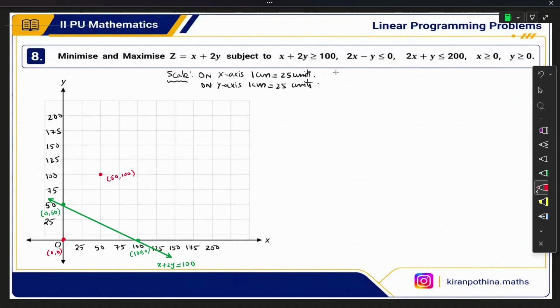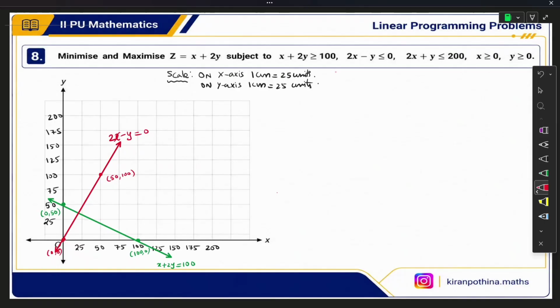Okay, so this is our second line, and the line name is 2x minus y equal to 0.